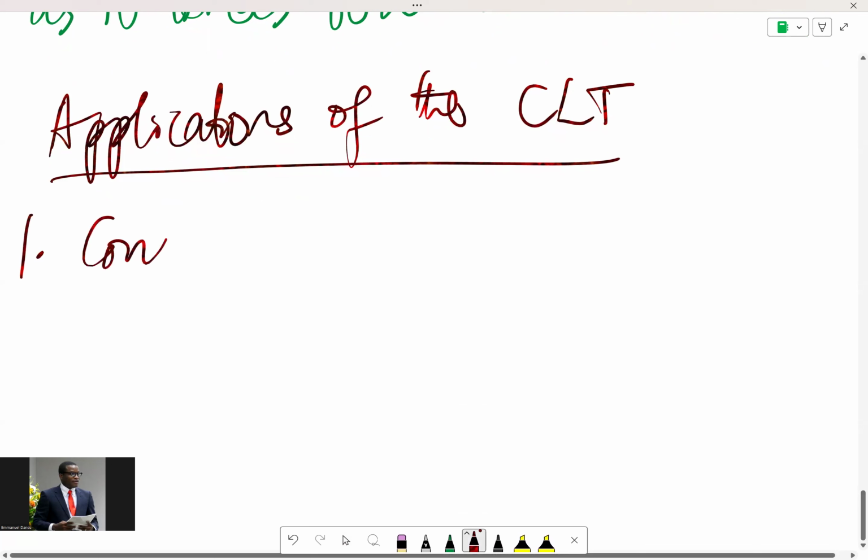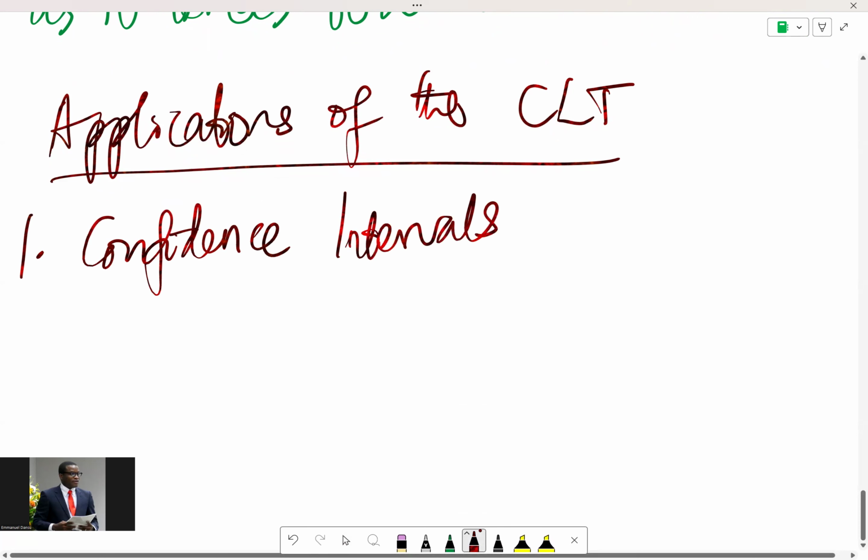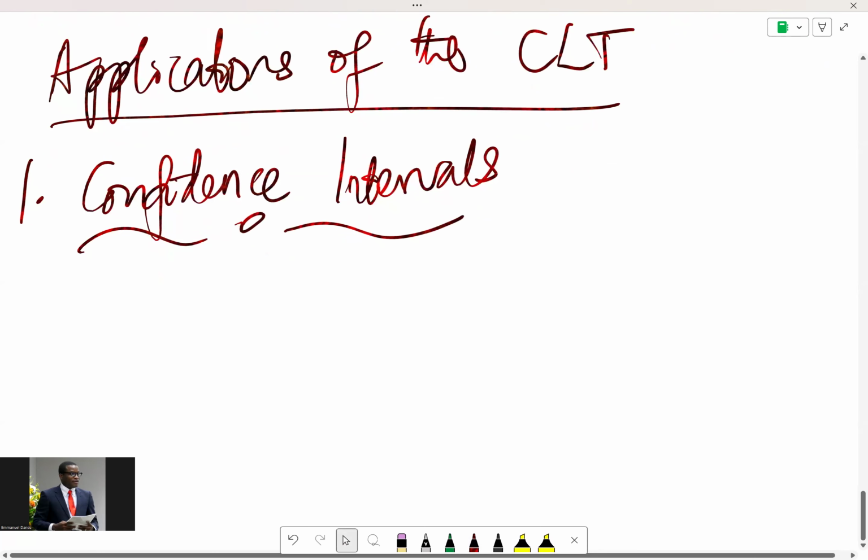First of all, we can use it to construct confidence intervals. Here, the CLT allows for constructing confidence intervals for the population mean when a sample is large enough. This means that even when the underlying data is not normally distributed, we can use normal distribution techniques to estimate population parameters.